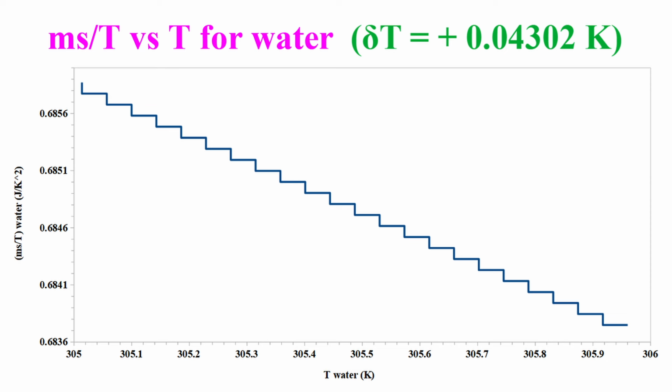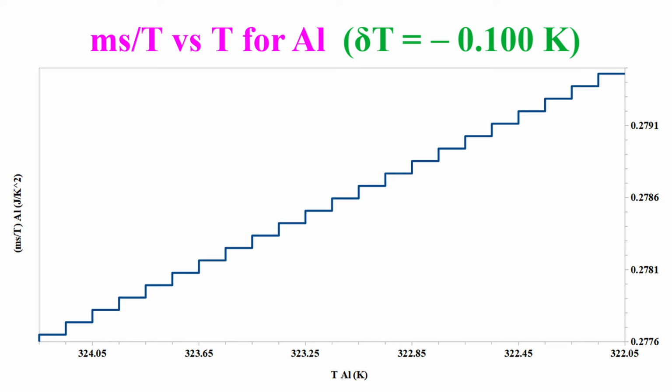Therefore, a blown up version where the steps can be seen clearly is shown between just 305 and 306 Kelvin alone for water. A similar graph is shown for aluminum.